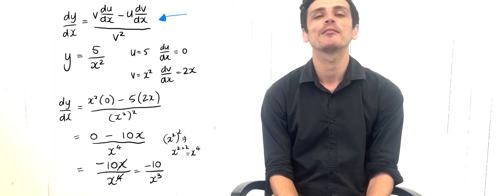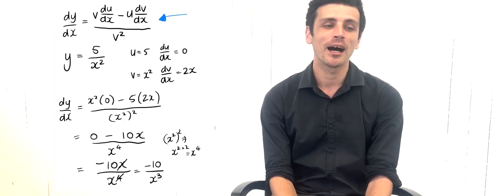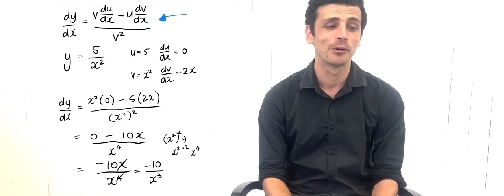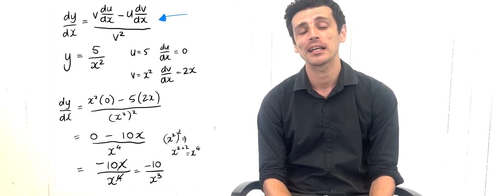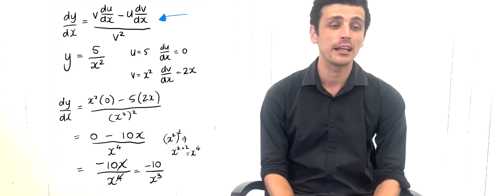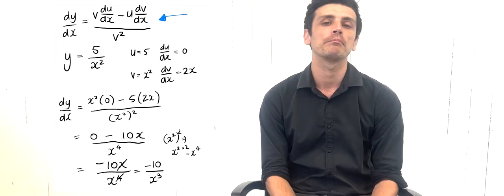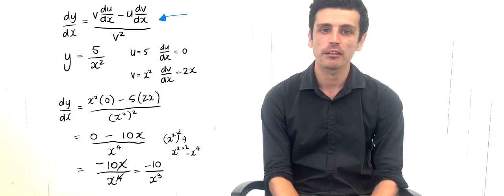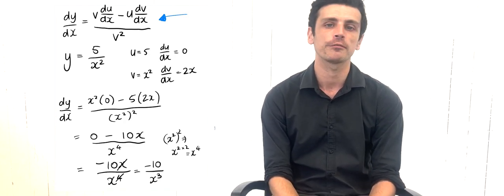So we end up with the exact same value, but obviously this is a much more complicated and unnecessary way to solve it. But if you get stuck and remember this rule, but have gone a bit blank on some of your other rules, this will still work for you.